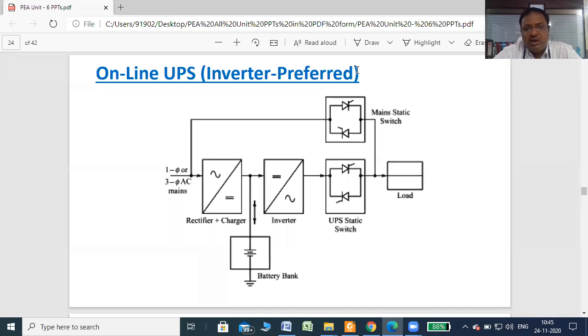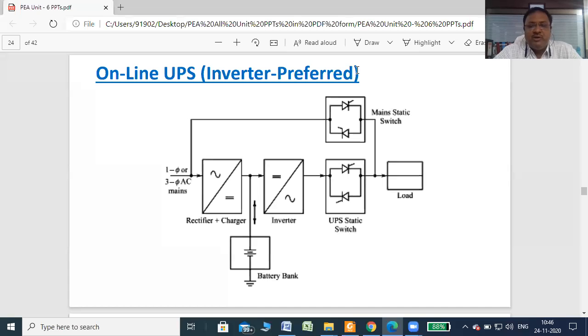Definitely the output of the inverter is not a pure sine wave, it's a square wave. So some filter circuits, some wave shaping circuits are added, and after getting close to a sine wave, the output of the inverter is applied to the load through the UPS static switch. So the UPS static switch is continuously on and the main static switch is continuously off.